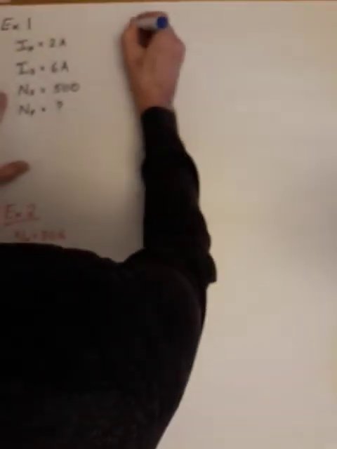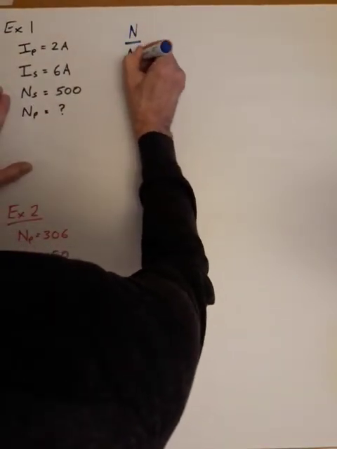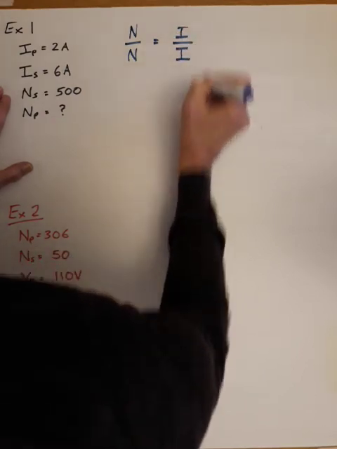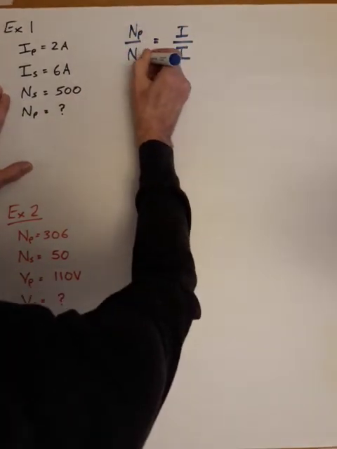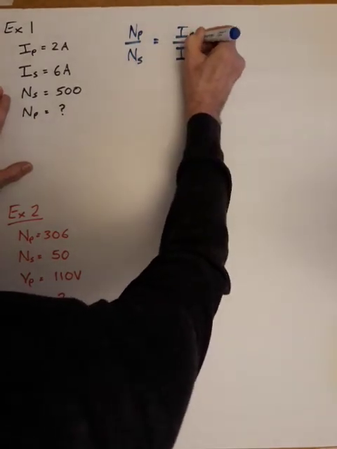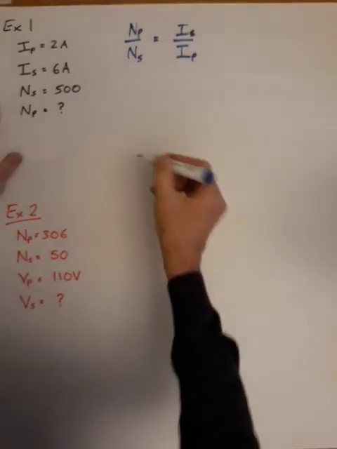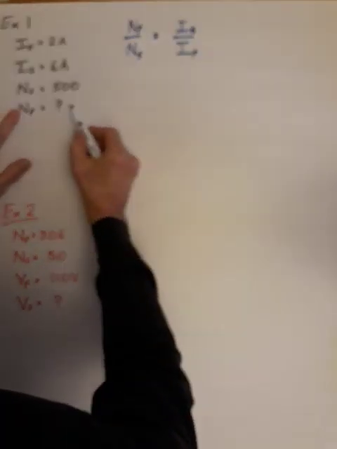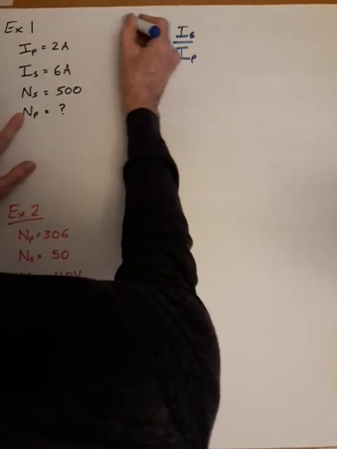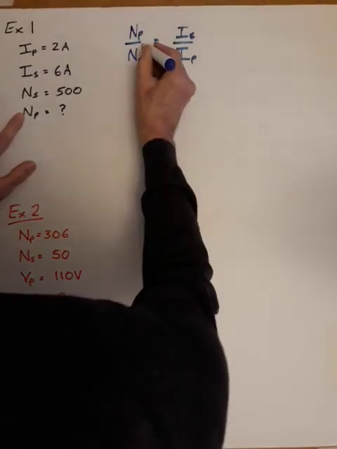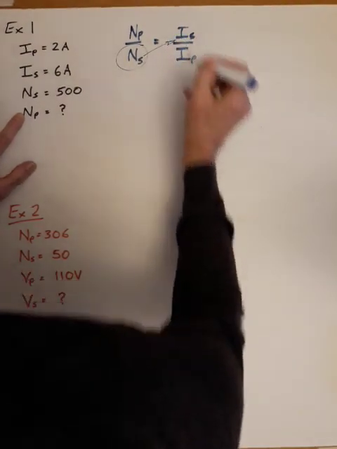So let me start then. N over N equals I over I. So Np over Ns is Is over Ip. We now need to transpose that. So is there a transposition required to find Np? No, because Np, the thing we want, is right at the top waiting for us. So all we have to do is move that up there.